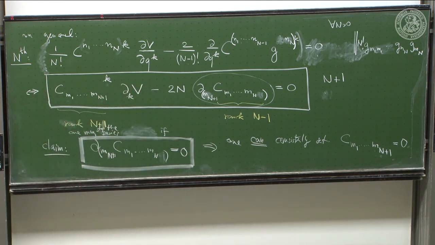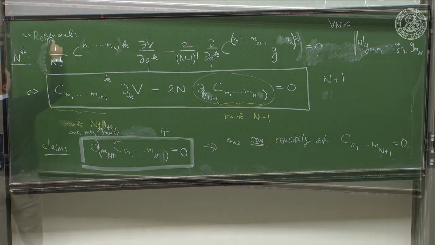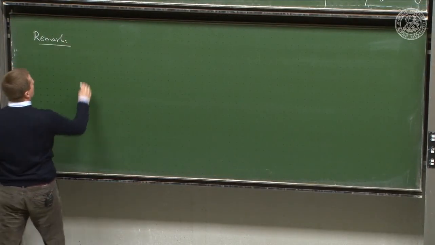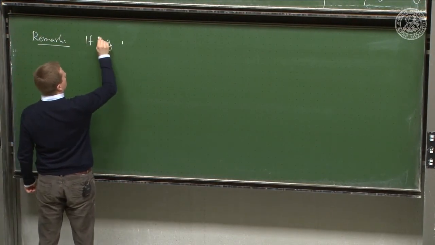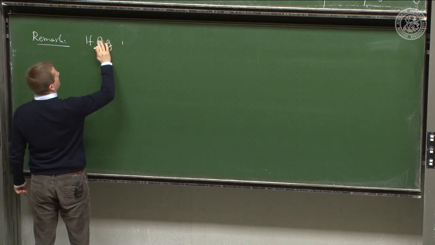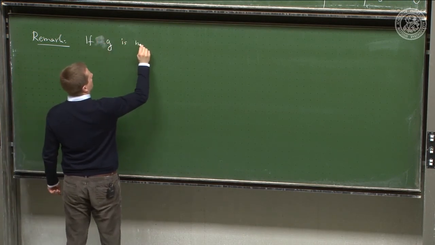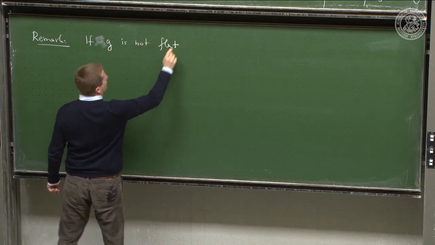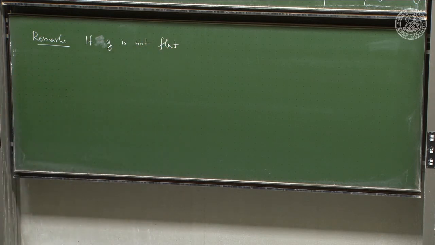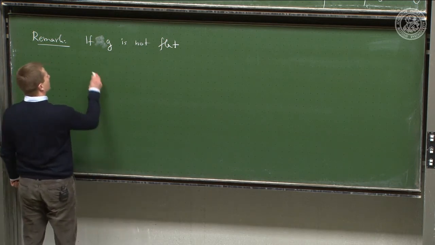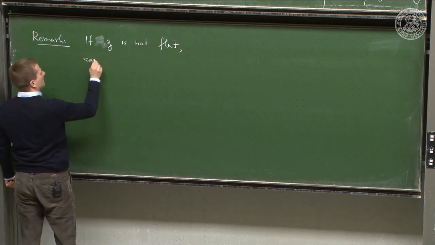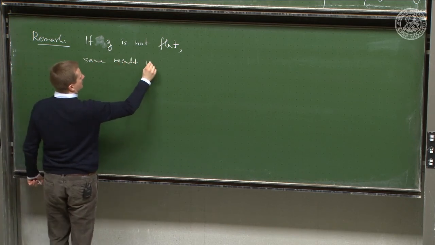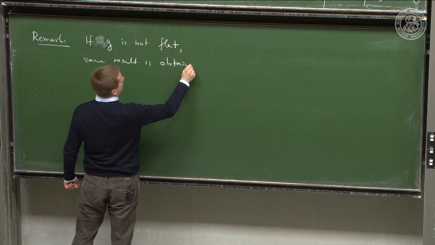And this stopping condition has a name. It's called the generalized Killing condition, or the C is called a Killing tensor. I said it already. If G, QG, Q is now dangerous. If G is not flat, so if it depends on the Q's in any coordinate system, same result is obtained, and it's really not more difficult, it's just more writing.